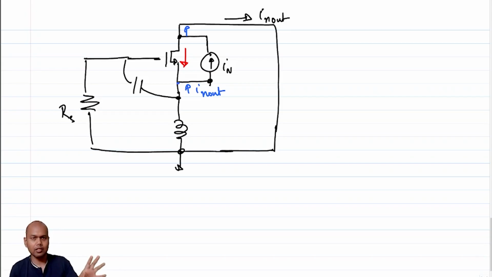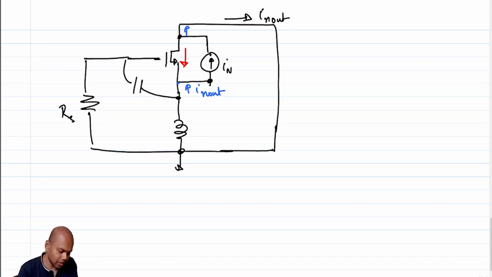Note that the transistor is essentially a voltage controlled current source, which is GM VGS. So if I can find out what is the current flowing through this current source, then I will be able to find out what is the VGS, and from VGS I'll be able to find out the current through the capacitor CGS, right? So that's how we are thinking.